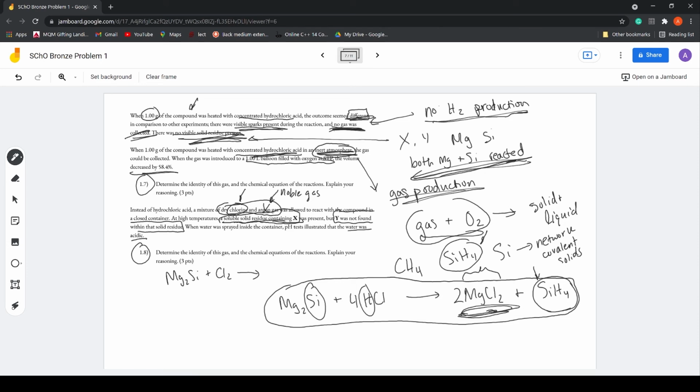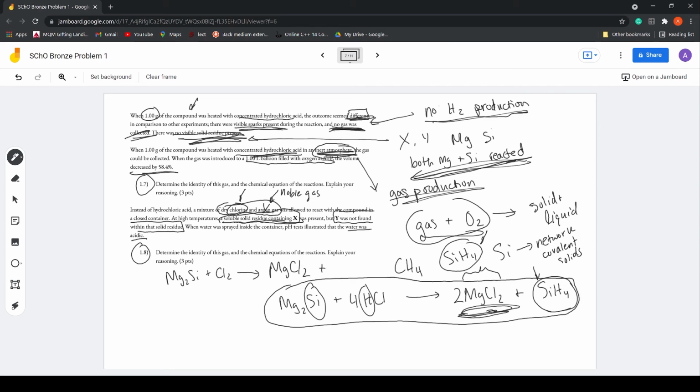So we can see that our soluble solid residue containing X must be MgCl2.